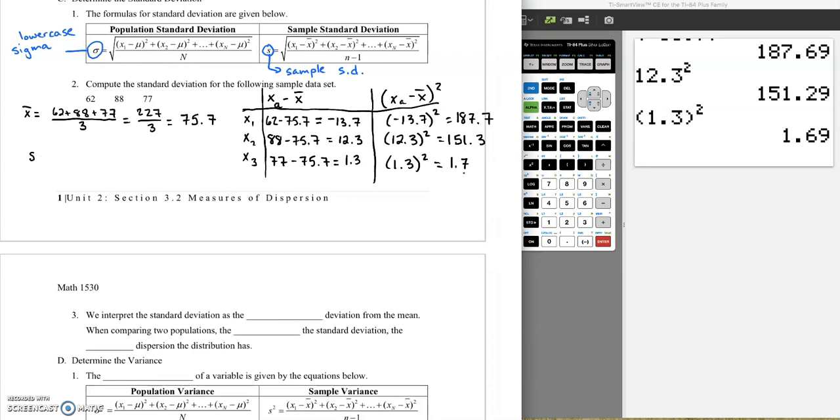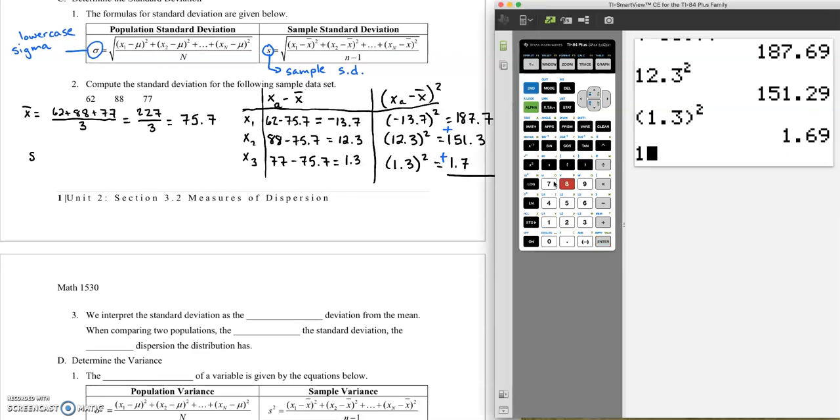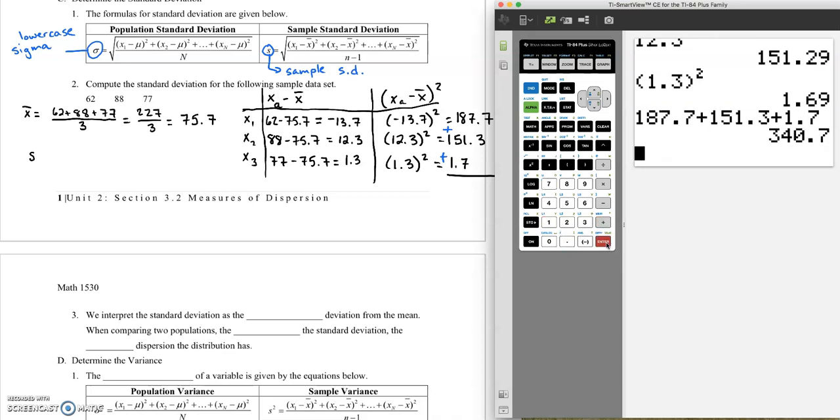Now we add all of those up. So I'm going to put a big old plus right here. And we get 187.7 plus 151.3 plus 1.7.